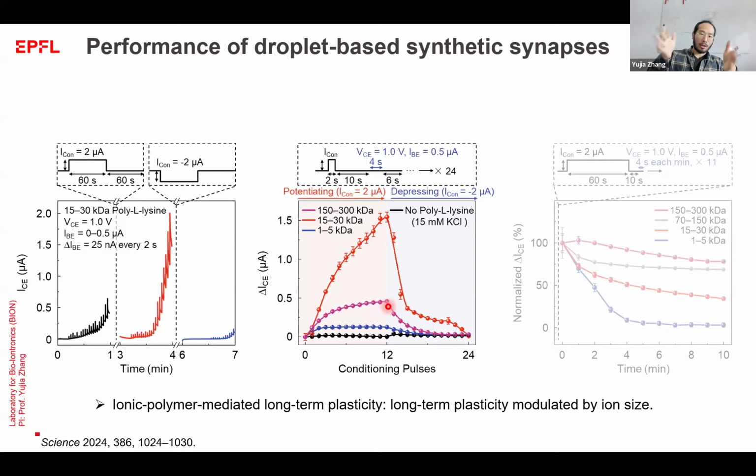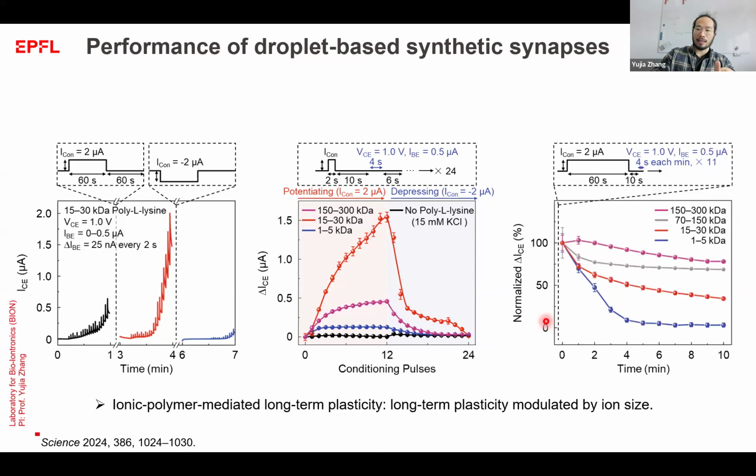But because of their large molecular weight, they will get stuck in the middle droplet, as shown on the right-hand side, for a longer time, and therefore we can achieve real long-term memory storage for up to hours. But then water evaporation will become a problem.